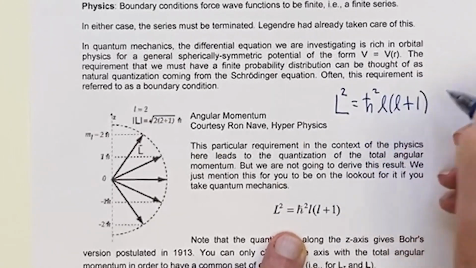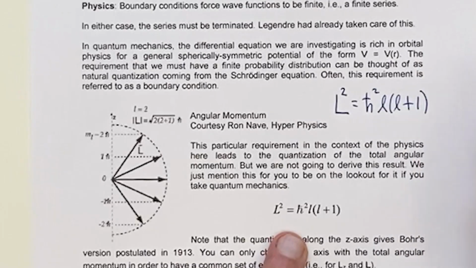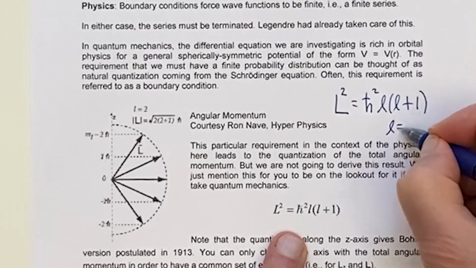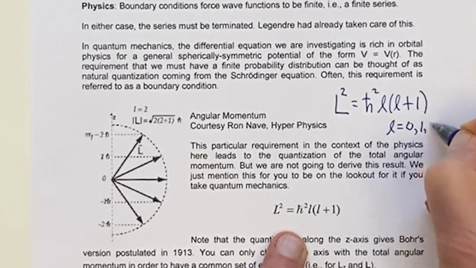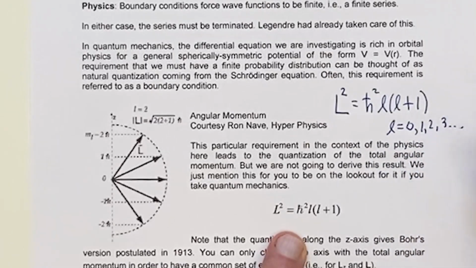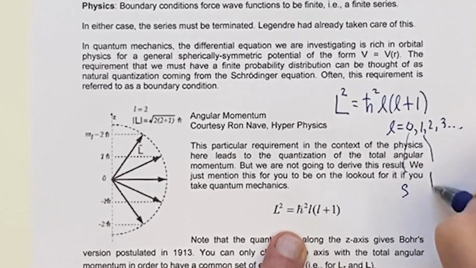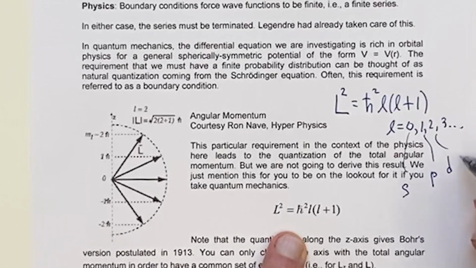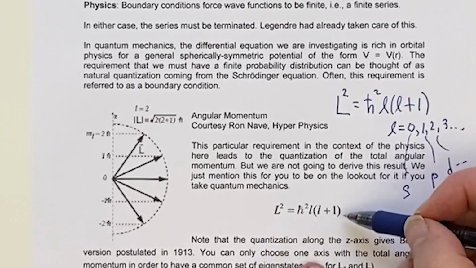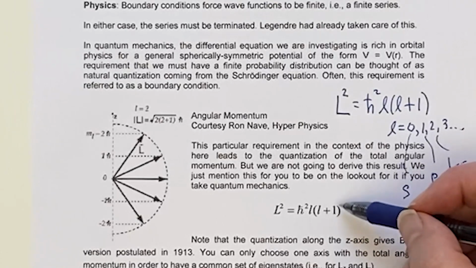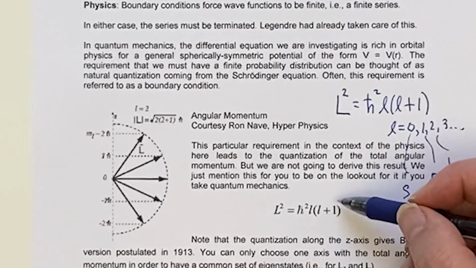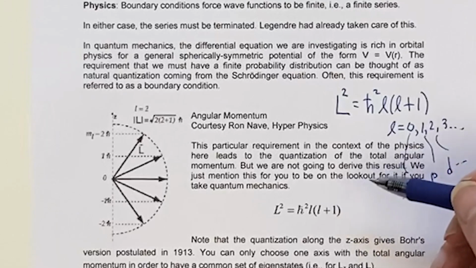We get this. And there's quantization going on, where the l will equal 0, 1, 2, 3. And these are called in chemistry like your s, your p, your d, and it has great physics. That differential equation comes out now naturally from the Schrödinger equation.